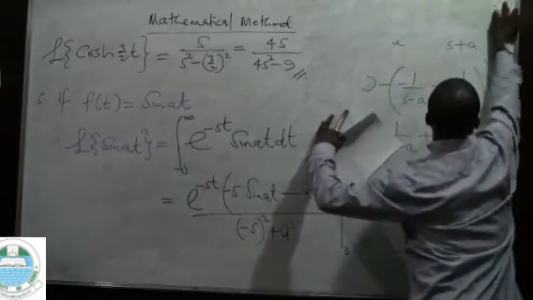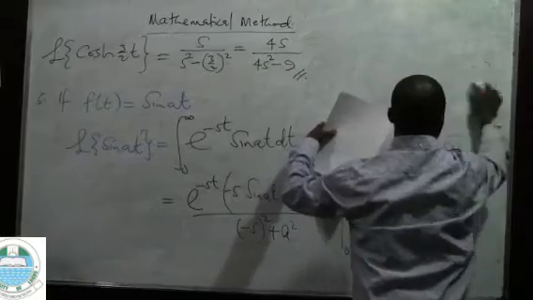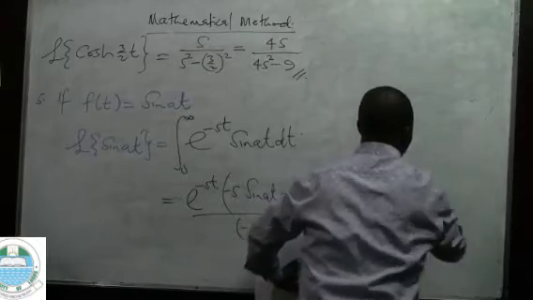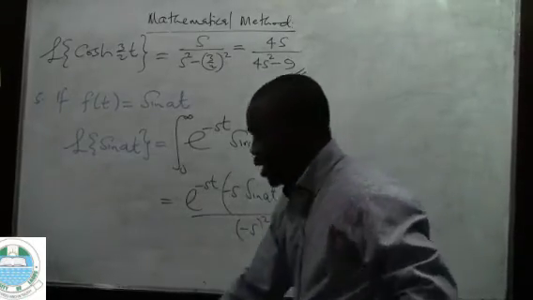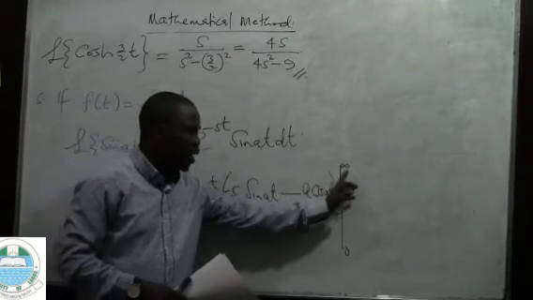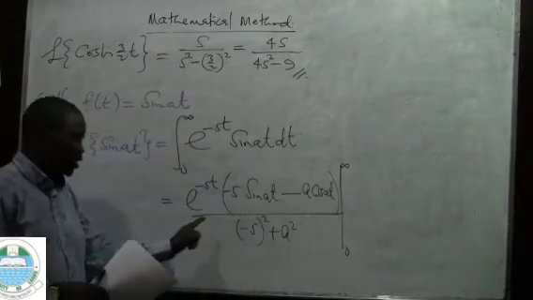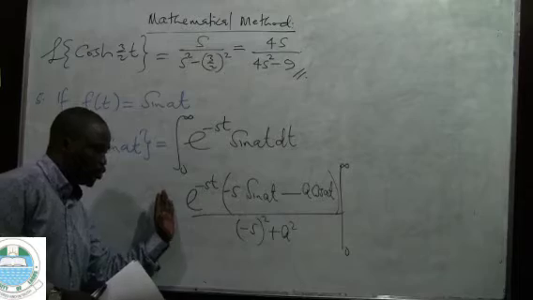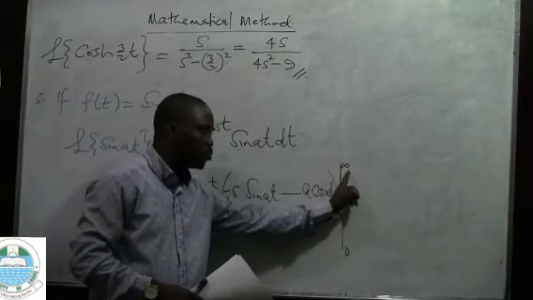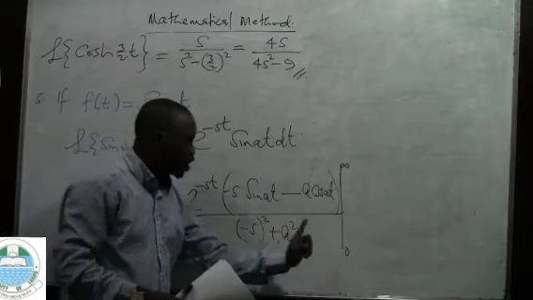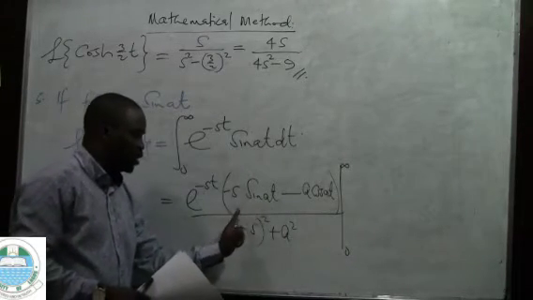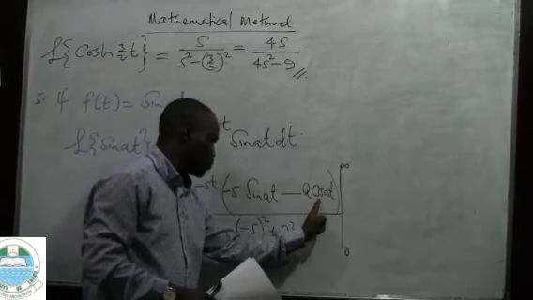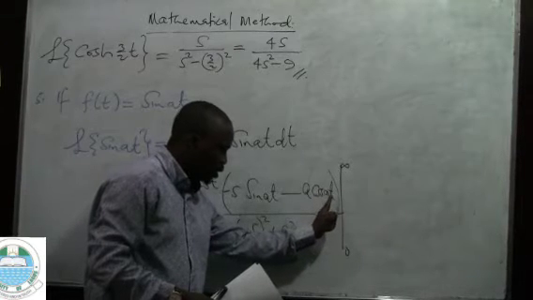So from here, what do we have? Now, with respect to infinity, if we take the limit here, this particular part is going to decay to 0. So the whole of this expression becomes 0 with respect to infinity. With respect to 0, sine 0 is 0, so this particular term goes out, while this one becomes 1, and cos 0 is also 1.